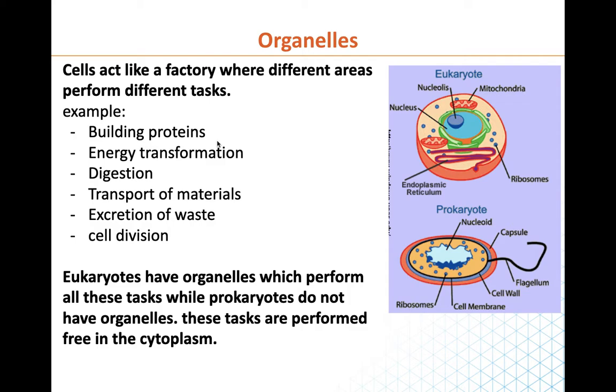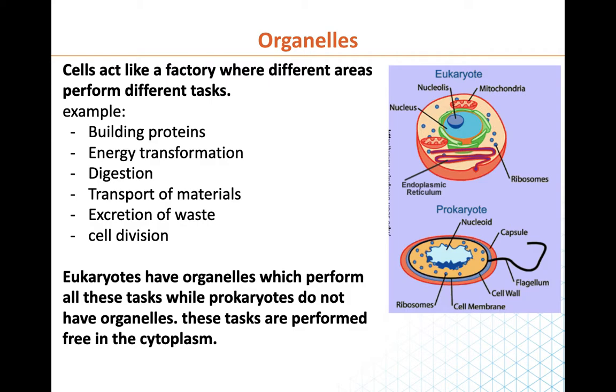Now, in a eukaryotic cell, each one of these jobs is done in a specific compartment called an organelle. So if I look over here, I can see the mitochondria, its job is to create energy for the cell. So it takes sugar, breaks it down, and makes ATP, which the cell can use for anything that it needs energy for, right? So in our previous lesson, we talked about active transport.